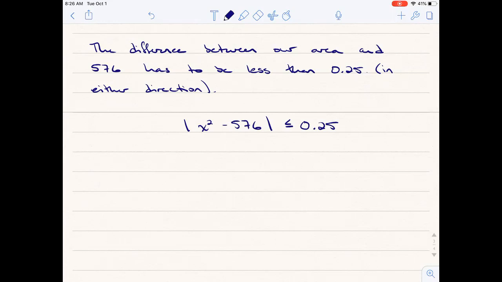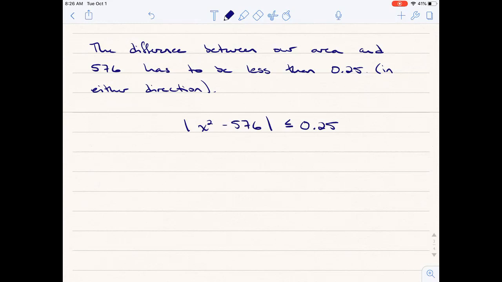The trick to solving these absolute value problems is to just replicate the negative version of this guy over here. Because what we're seeing is that the difference in these areas has to be more than negative 0.25, so closer to 0 than negative 0.25, but less than positive 0.25.